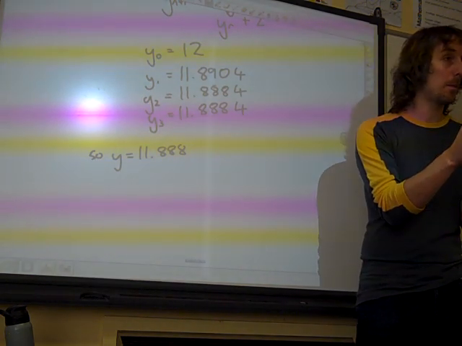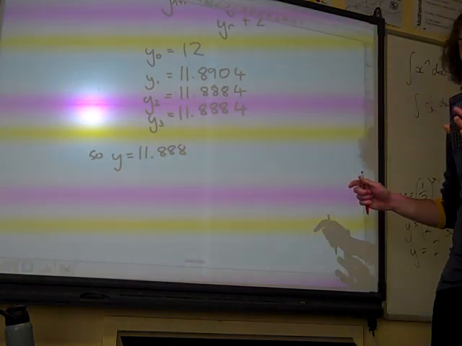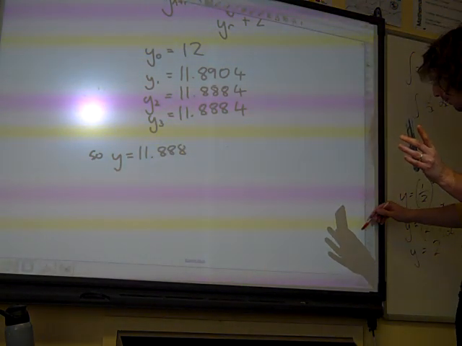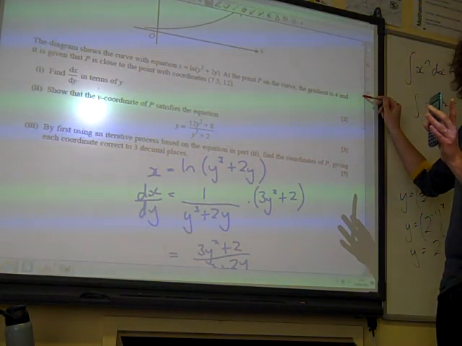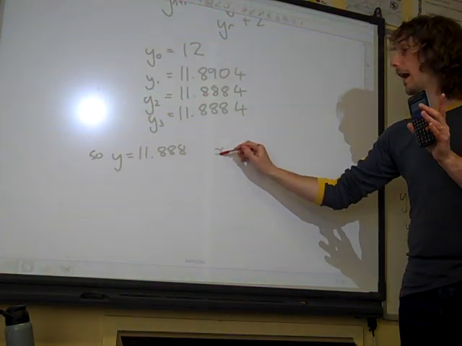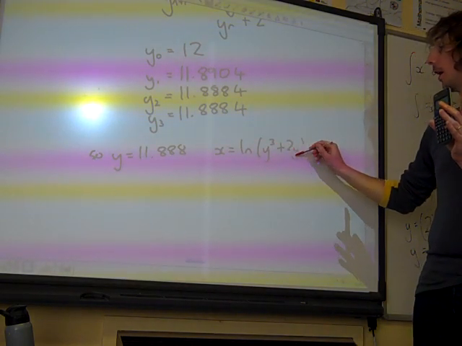That's the y value. We also need the x value. Going right back to the start of the question, we were told that x is the natural log of y cubed plus 2y.